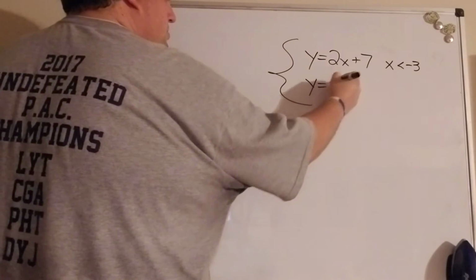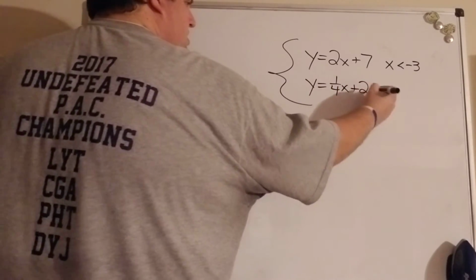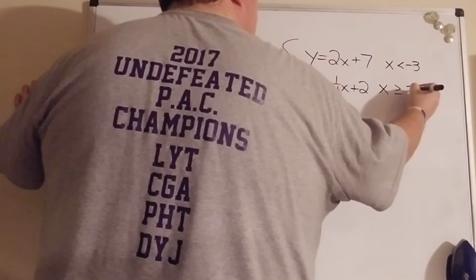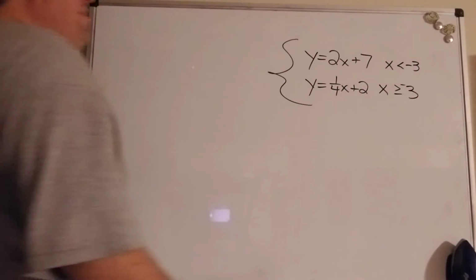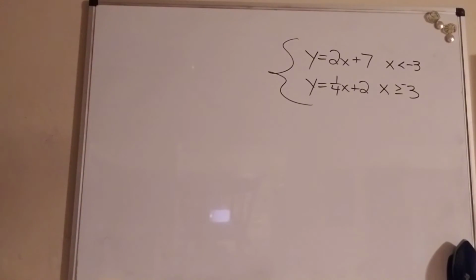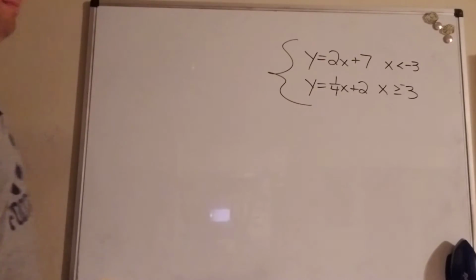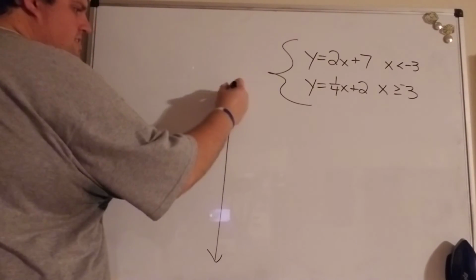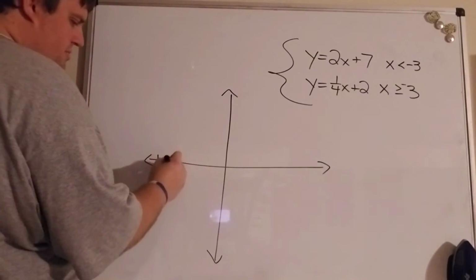And I want y equals 1/4 x plus 2 when x is greater than or equal to -3. So I want this piece over the domain x is less than -3, and I would like this piece when x is greater than or equal to -3. So what this is going to look like on my graph is I'm going to have two separate pieces of functions. Let me show you what that will look like.